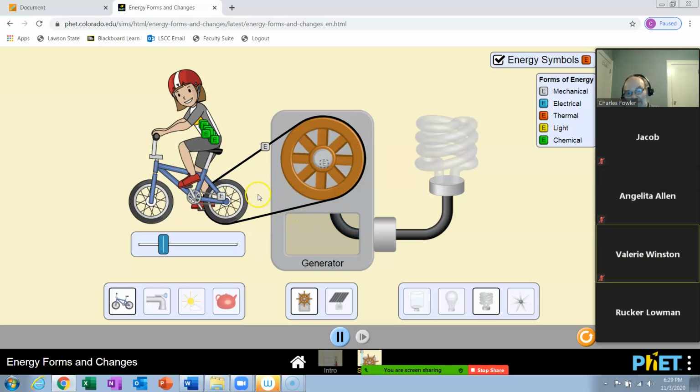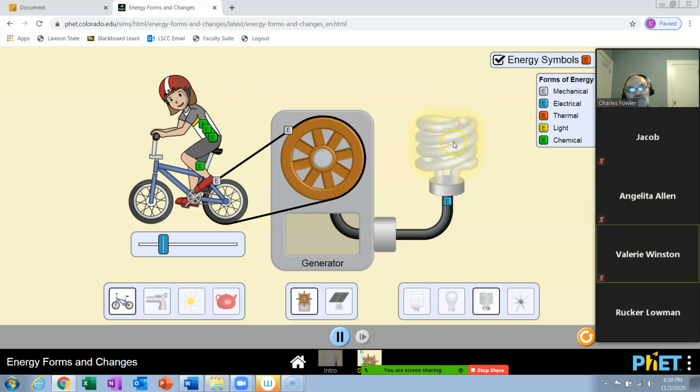That stored chemical energy becomes kinetic energy as she turns the paddle wheel. Some of it is wasted to heat, like that one did, but the rest turns the generator. That changes to electrical energy, the blue over here, and then that produces either thermal energy or light energy. The thermal is red, the light is yellow.